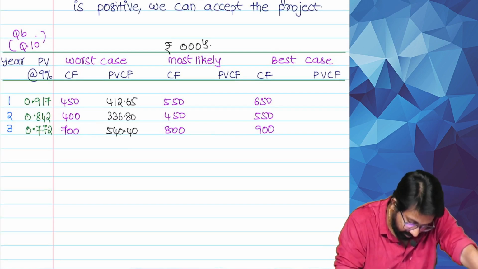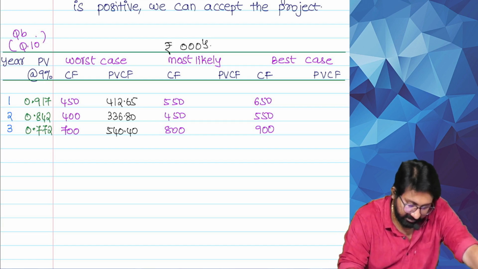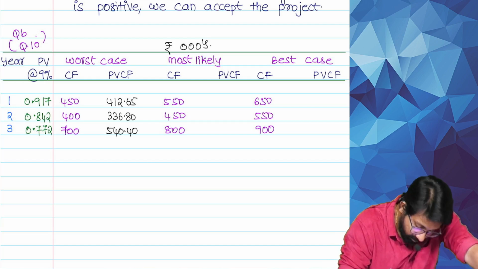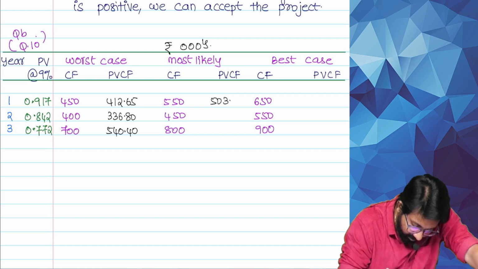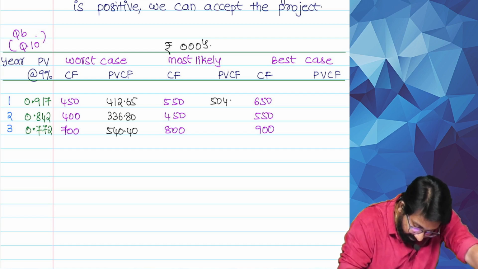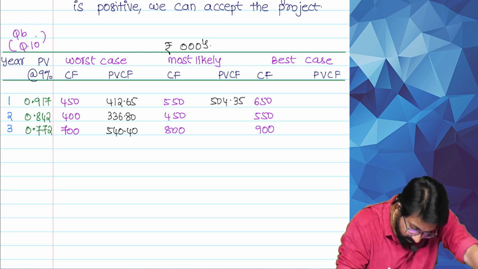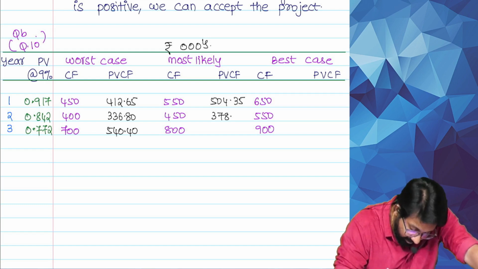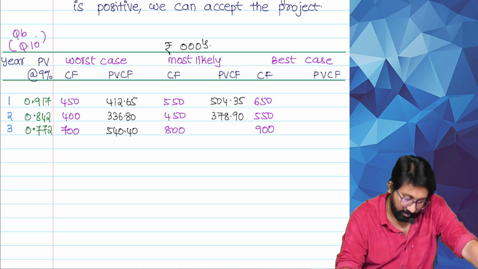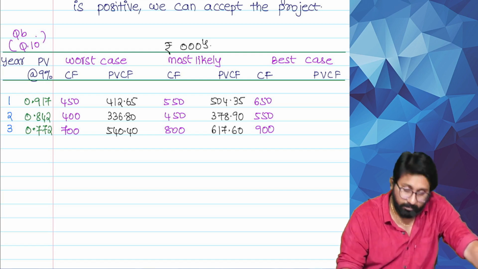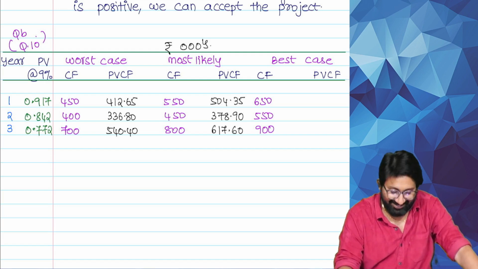Next, second, 550 into 0.917, 504.35. Next, 378.99.